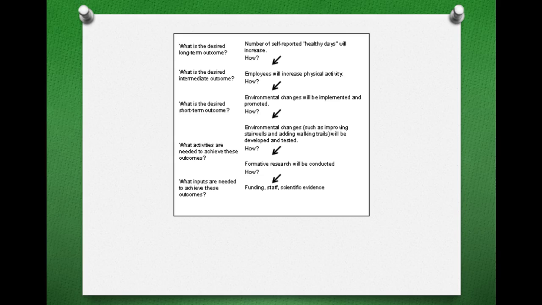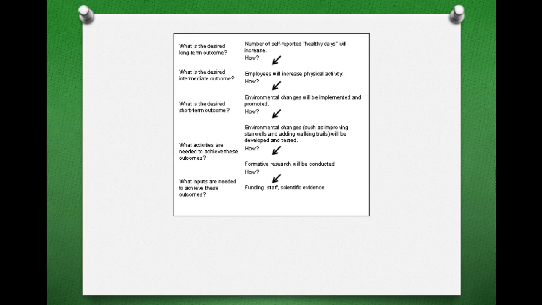Here's one way of looking at it, although I think it is probably better looked at from right to left. If the long-term desired outcome is that the healthy days will increase, how do we get to that long-term outcome? We have our employees increase their physical activity. Okay, great. How do we get them to increase their physical activity?